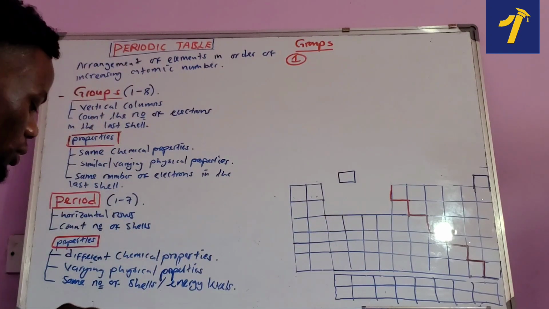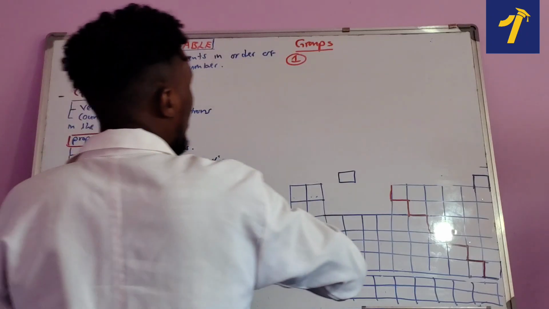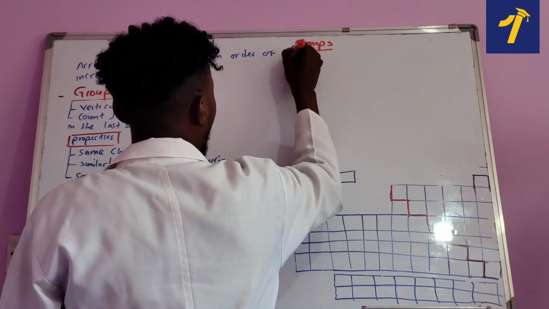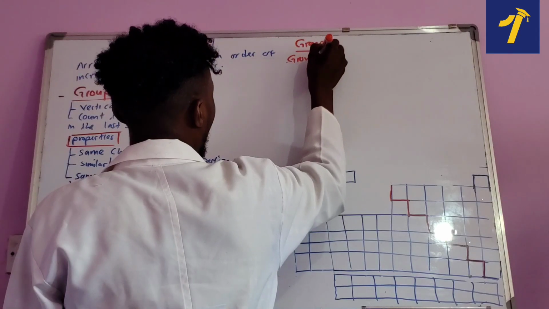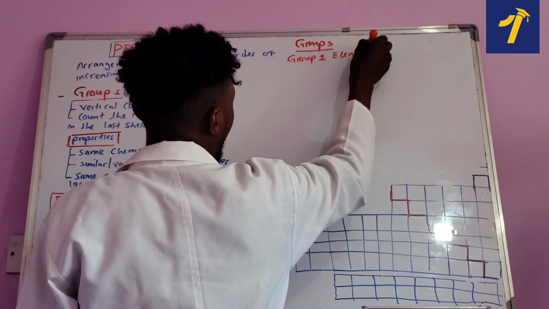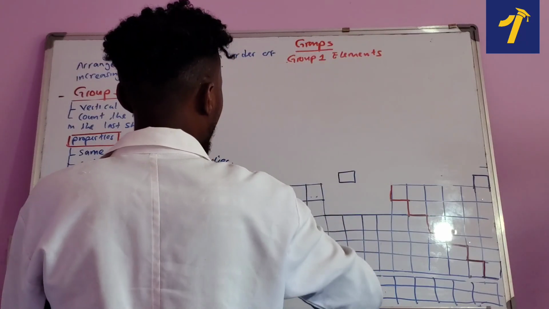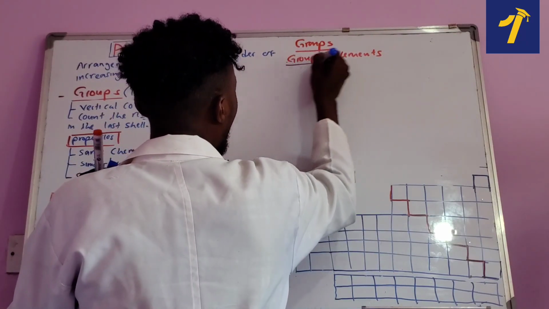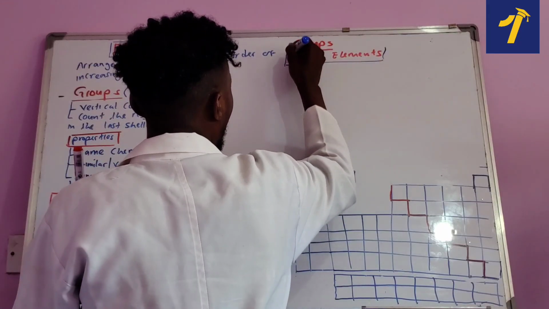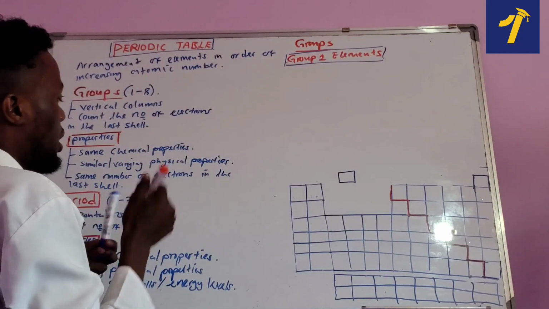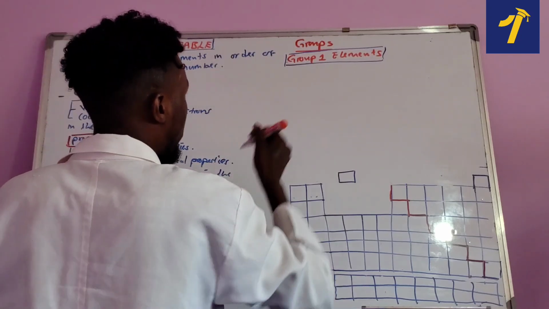So group 1 elements. Let's start with the properties.